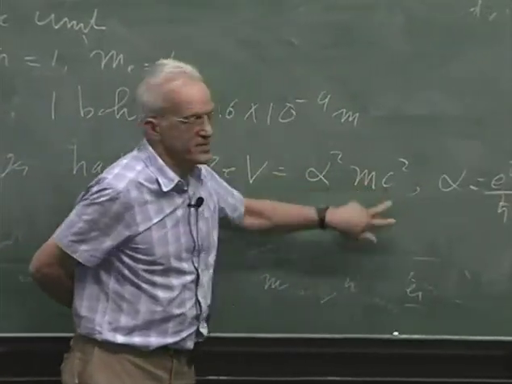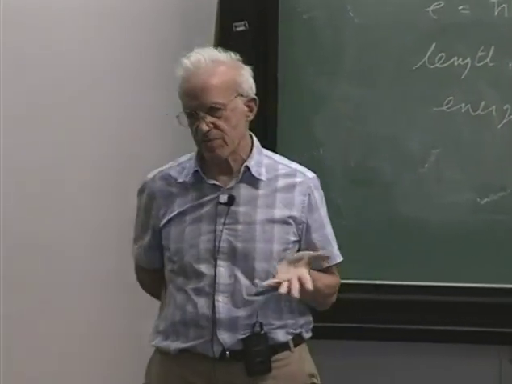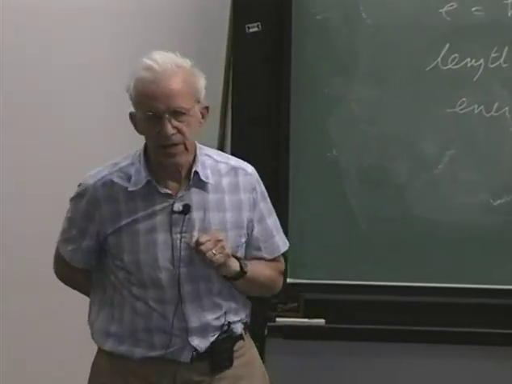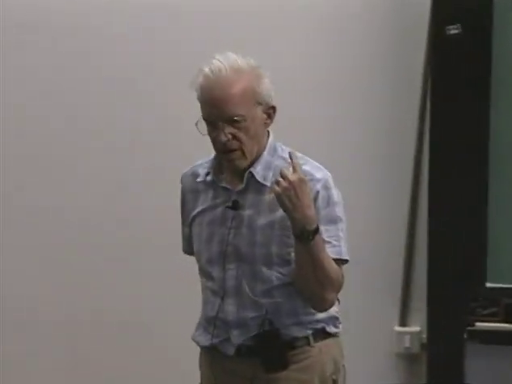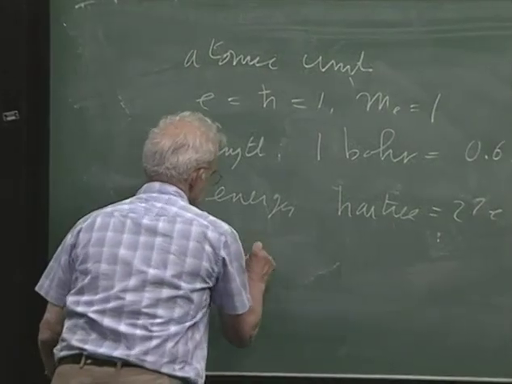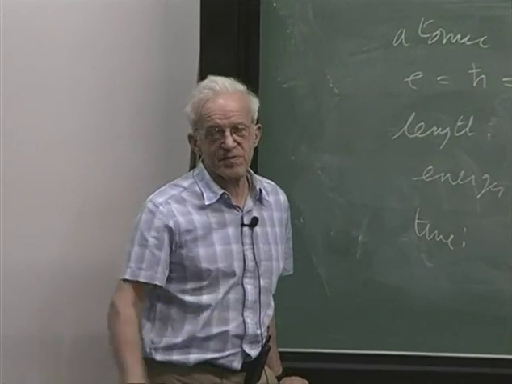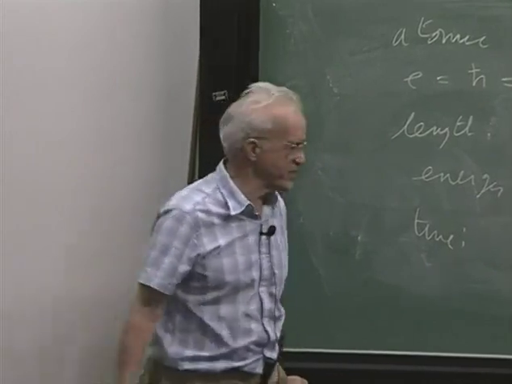This being the case, you cannot take c as 1 like you do in particle physics. In fact, the unit of velocity in atomic physics is the unit with which the electron goes around in the first Bohr orbit. The unit of time, well, 2 pi times the unit of time gives you the period of the electron in the first Bohr orbit.